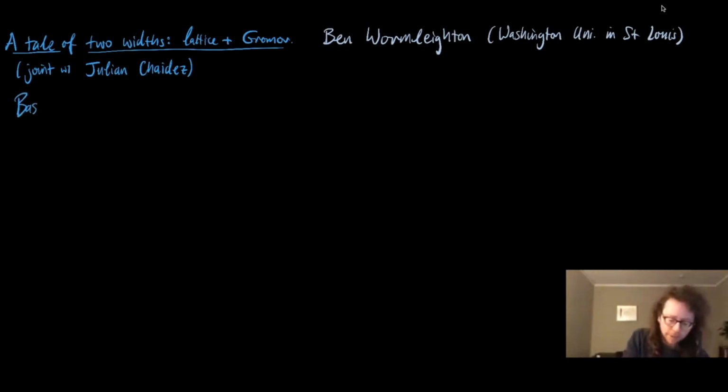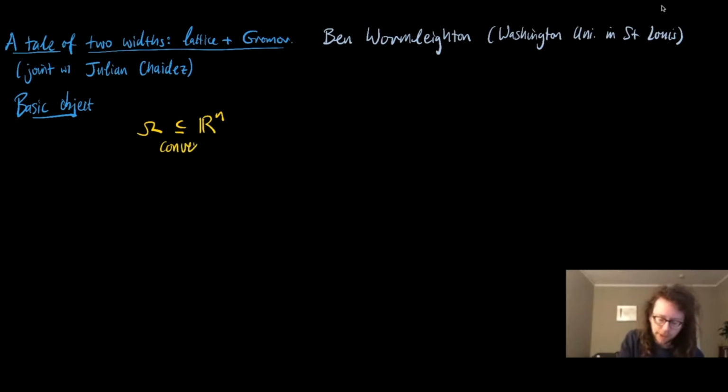The basic setup is that I'm going to be considering a region omega in R^n, some convex region. There are two types of such region that I'm going to think about. One type is where omega is a polytope, and the boundary of omega has rational slopes.